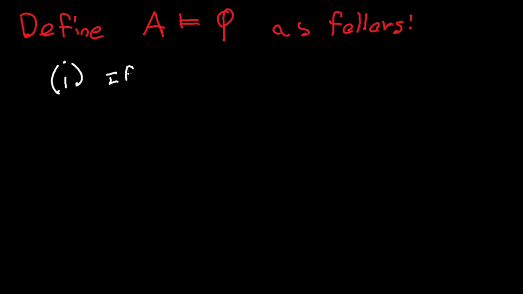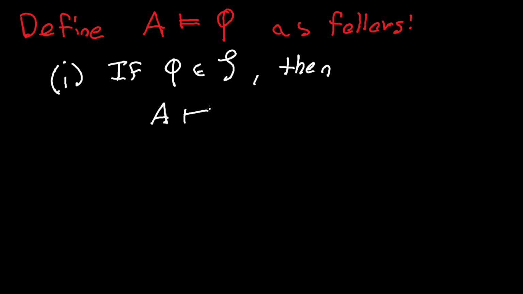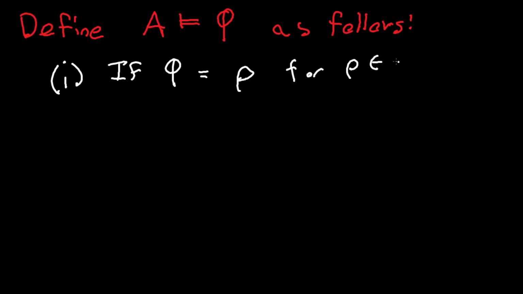If phi is equal to a sentence symbol P, then A models phi if and only if P is in the model.